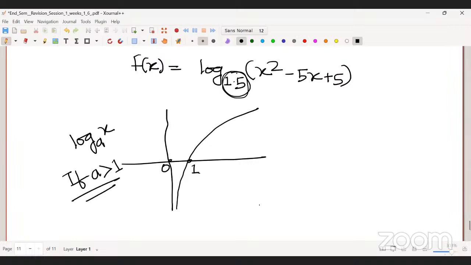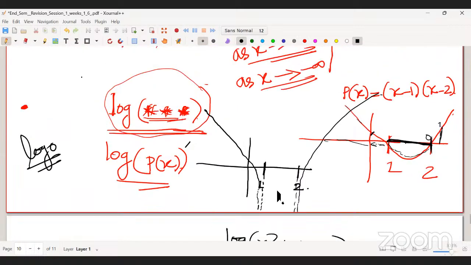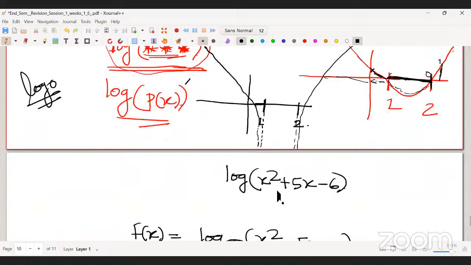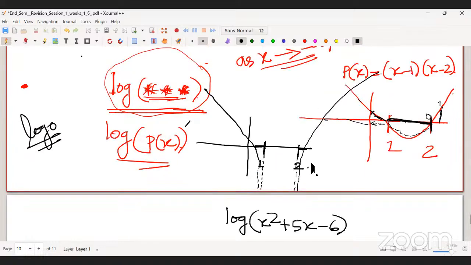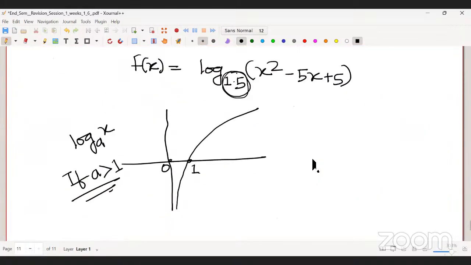In this region, this parabola is between 0 and 1, and similarly in this region. So this graph will change if you change the base. Again, it depends on the base as well.